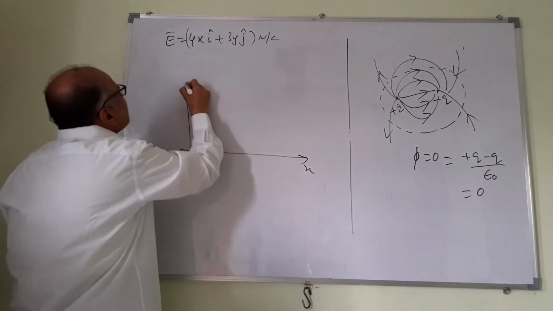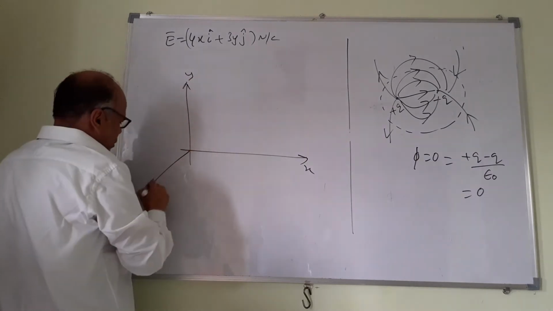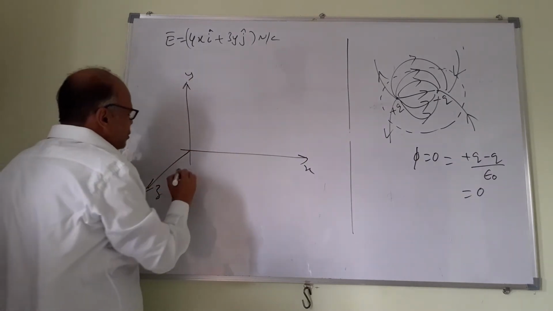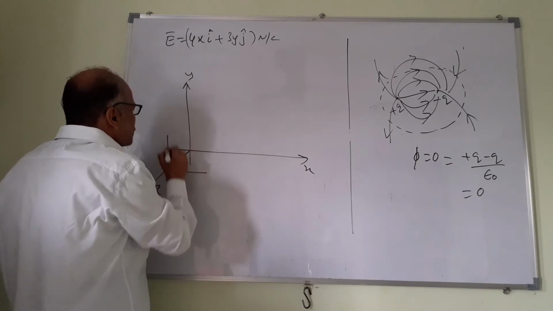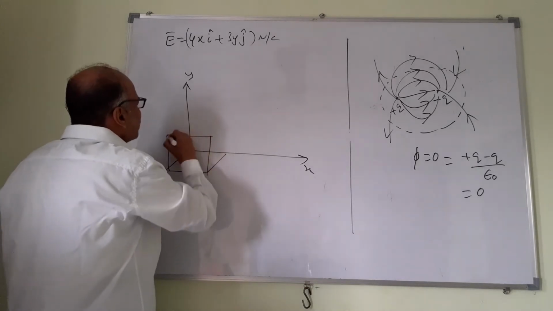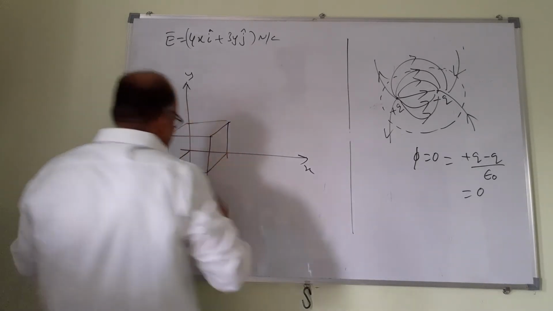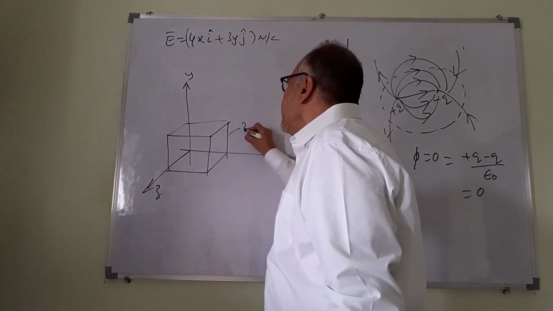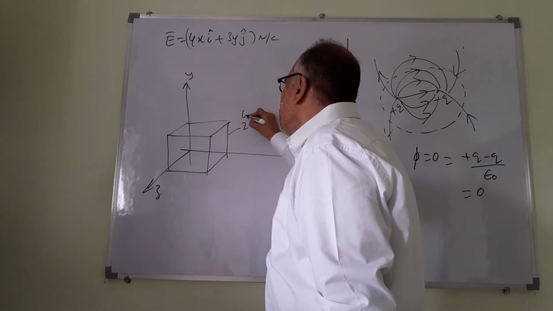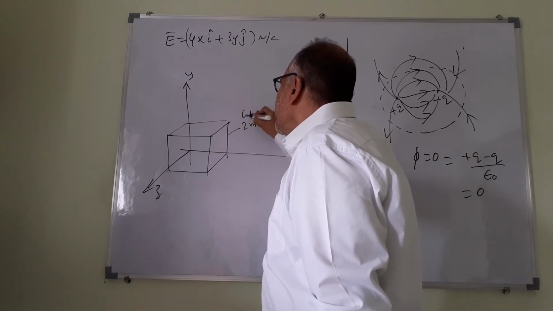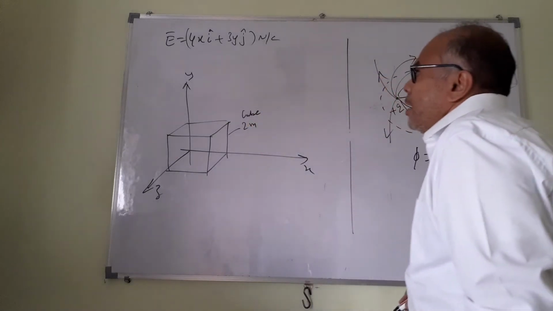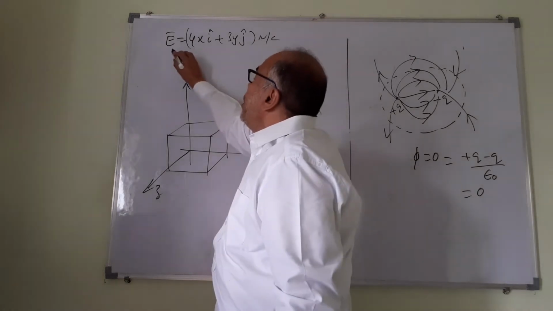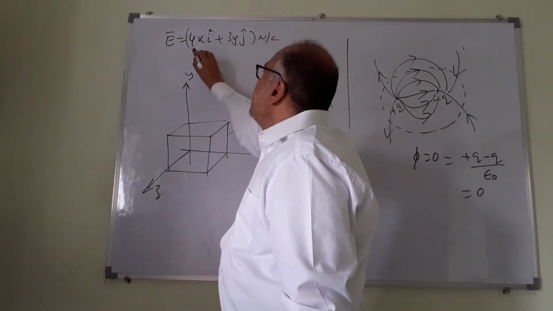So let us say this is x, y, and I draw the z axis, and let's say we consider a cube here, having a side of 2 meters, and there is an electric field given by this.